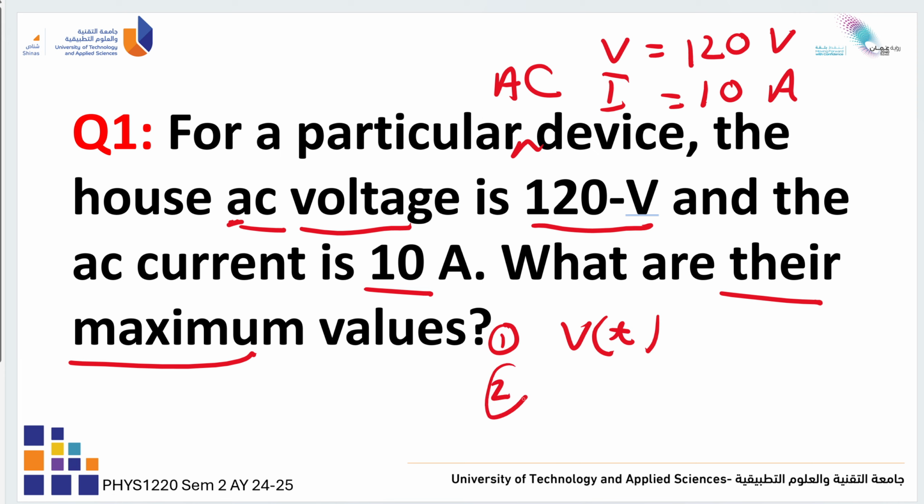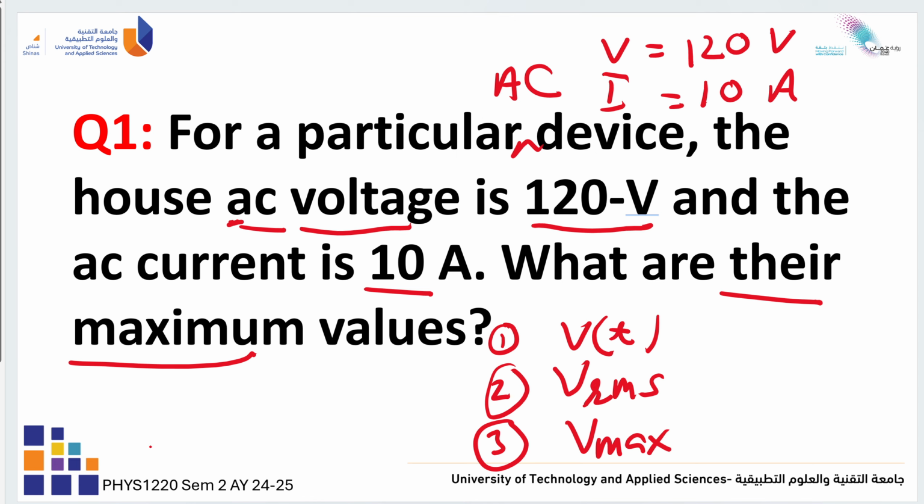The second is the RMS voltage, root mean square voltage. And the third type is the maximum voltage.